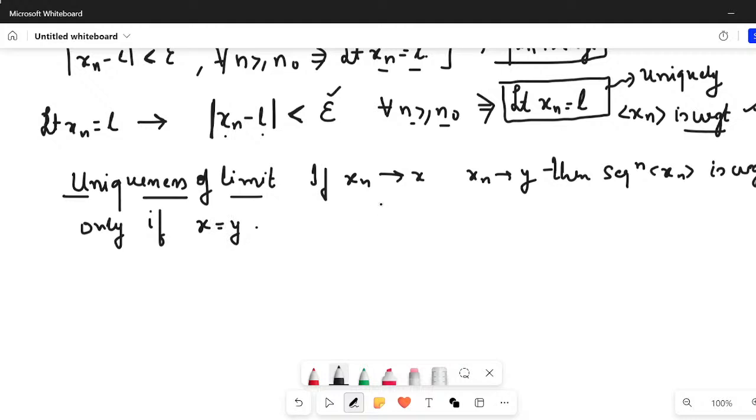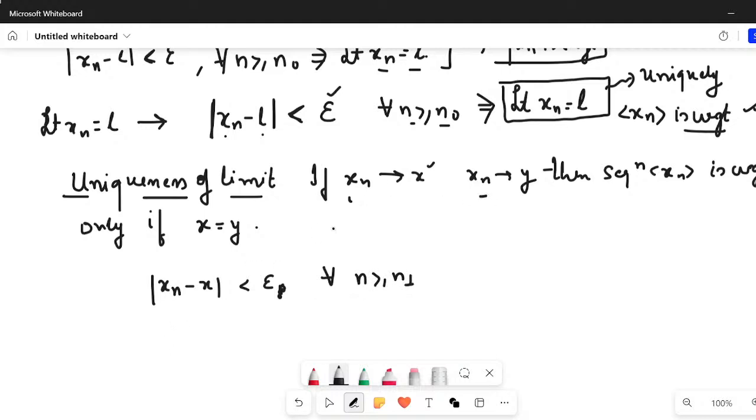How come? देखो, if I am saying that xn is converging towards x, what does it imply? Xn minus x का difference can be made less than epsilon. Let's say epsilon. ठीक है? When for all n greater than equals to n1.